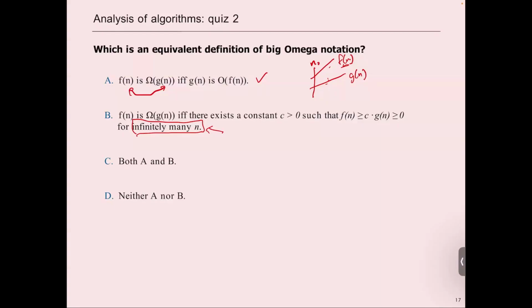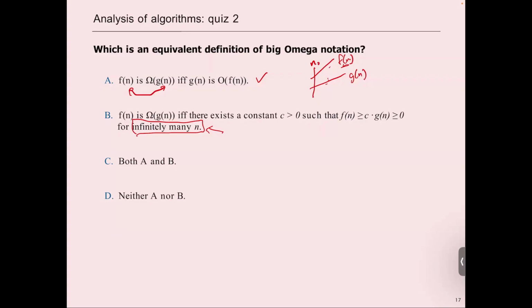And these are very different ideas. A function might occasionally spike upward infinitely many times, but it still is going to fail to stay above the bound consistently. So let's say that you have some weird oscillating function that's going to alternate between n squared and 1.